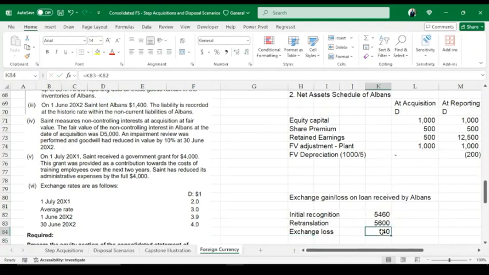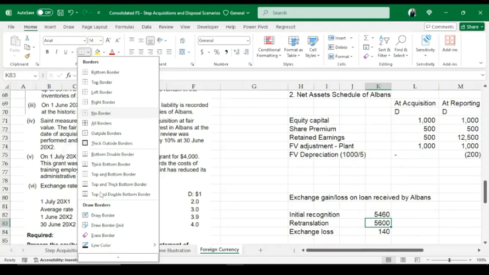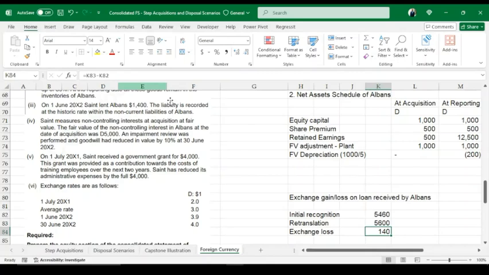So let me insert a border here. So we have an exchange loss of 140. Initially, the loan Albans was owing was 5460. But at the end of the period, when the loan was retranslated, it is now 5,600, which means that there is a loss of 140 to Albans because they're going to pay more than initially recognized.